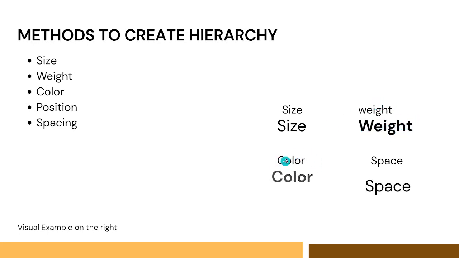And in terms of color, this is a black color and this is an ash color. It's used to create a distinction between these two texts that say color. And in terms of space, the amount of gap, literally space, between the elements, between these two texts.